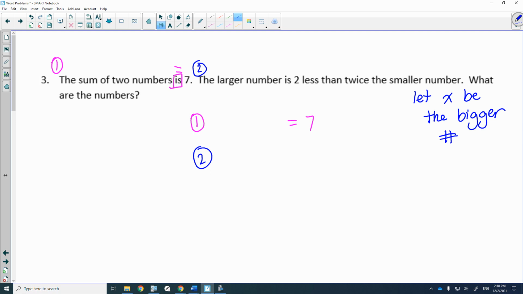The larger number is 2 less than twice the smaller. Oh, and what's the first system? Yes, X plus Y equals 7.